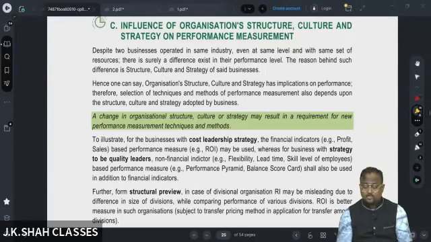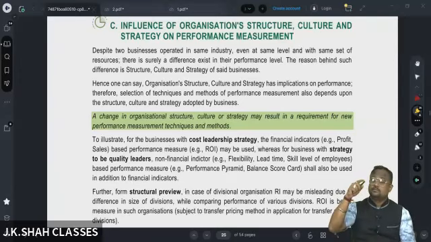If it is a line organization, my strategies will be different. If it is a divisional organization, a functional organization, my activities will be different. Line organization is what? Mainly just follow what I said. And functional is I'm doing this, just make a note of it.